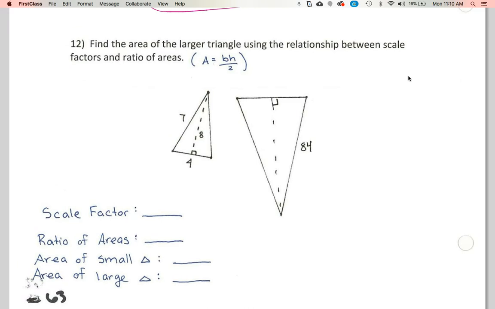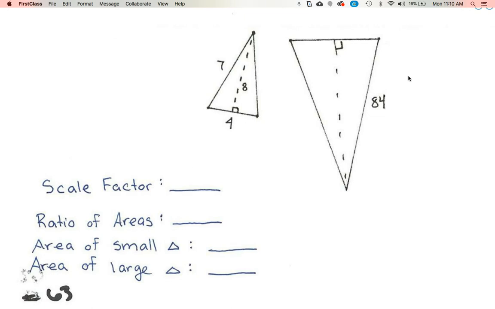Find the area of the larger triangle using the relationship between scale factors and the ratio of the areas. So what is the scale factor looking at this? Well, we just need a relationship between two sides, meaning 84 is the only side measurement we have here, and that matches up with 7.